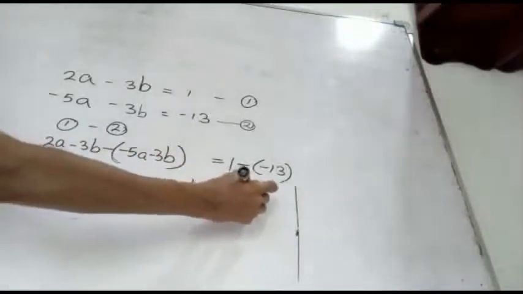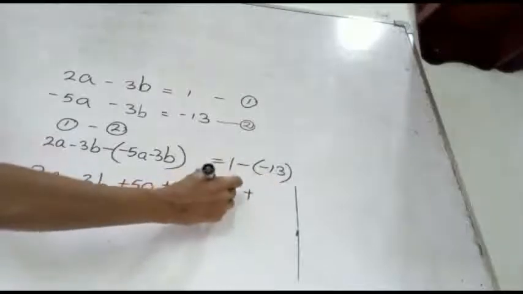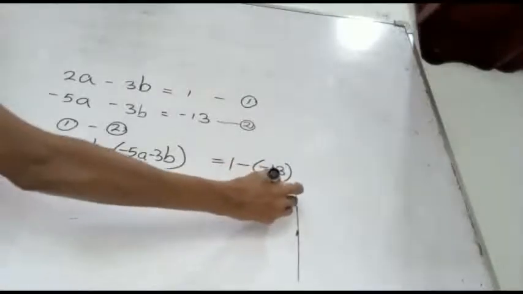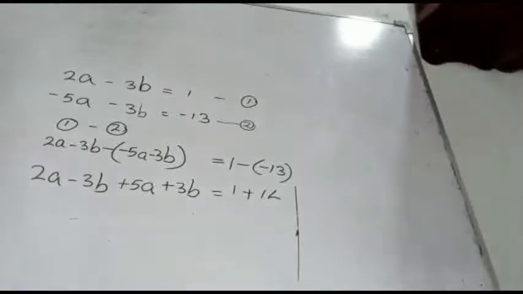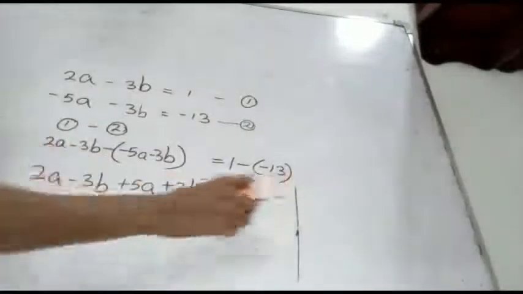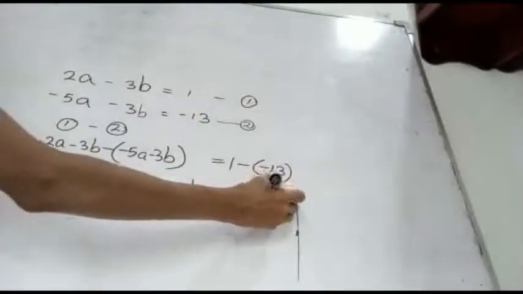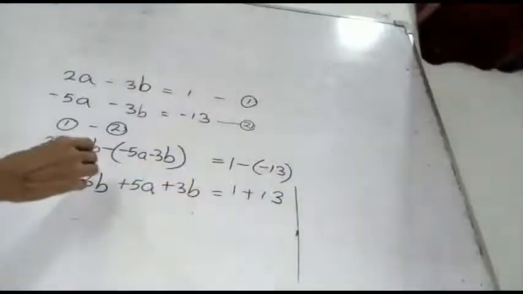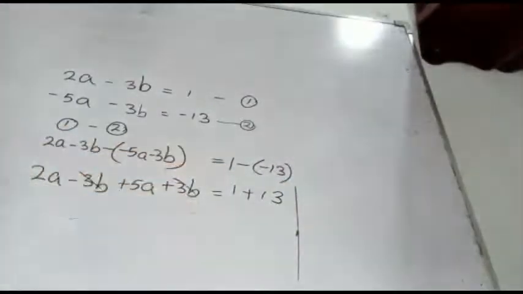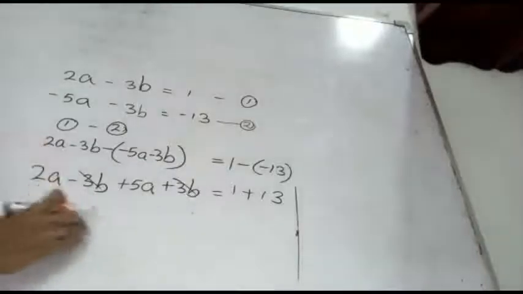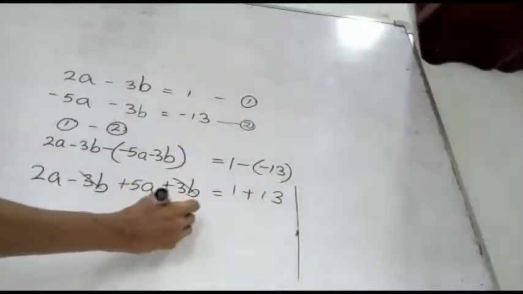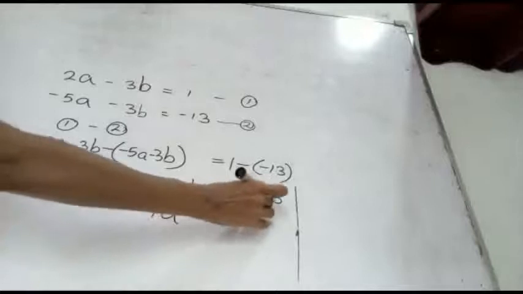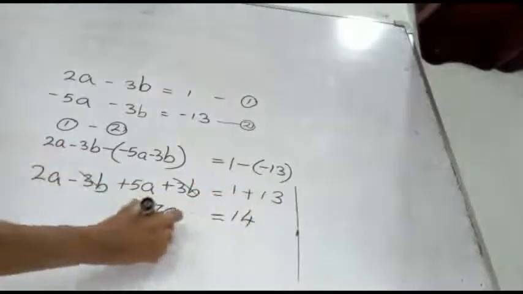Is equal to 1 plus, negative 13 is changed to positive 13. Negative 3b and positive 3b cancel out. 2a plus 5a is equal to 7a. 1 plus 13 is equal to 14.